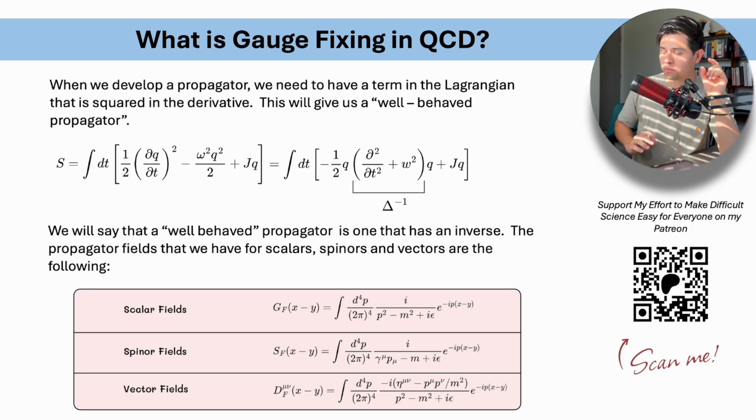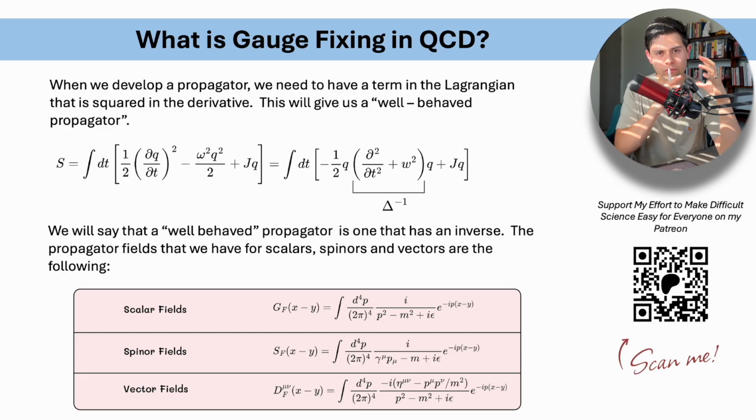So when we develop a propagator, let's recall just in quantum field theory, if you've been staying up to date on that playlist, we need to have a term in the Lagrangian that's squared in the derivative, and this will give us a well-behaved propagator. We talked about what it meant to be a well-behaved propagator. If not, you can go to that video. I'll link it here in this video if you're interested in looking at that.